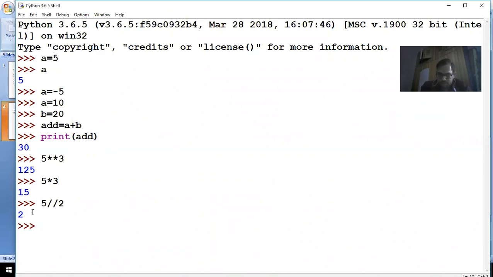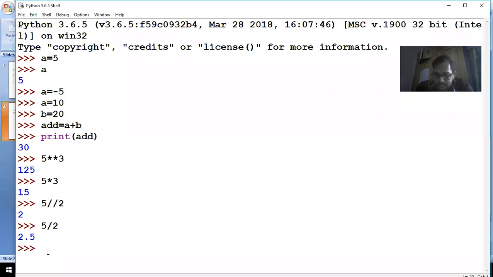In terms of integer, look here. If you write 5 divide by 2, you will get 2.5 because this is normal division. In normal division, it provides the result in the form of a floating point number, like 2.5, whereas 5 floor division by 2 gives only the quotient.